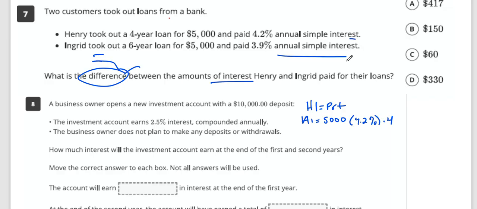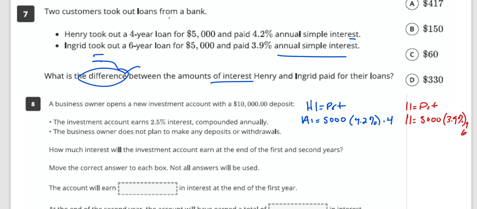So you can just have it set up right here, and I'm going to have Ingrid's interest, PRT again. Ingrid's interest would be 5,000 at 3.9% times, I need a year of 6. Yeah, put a year 6 there.